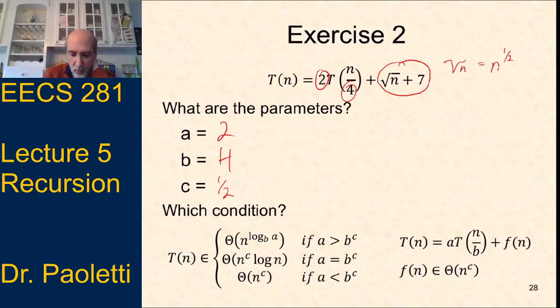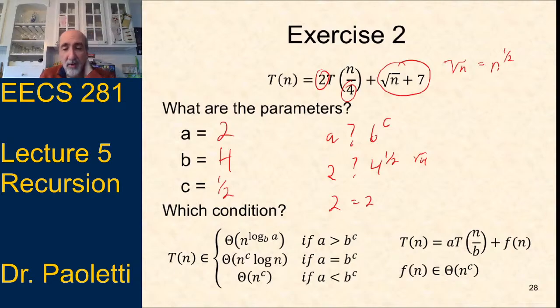Then, what is A related to B to the C? So we want to know, how is A related to B to the C power? Well, that's how is 2 related to 4 to the 1/2, or the square root of 4. So 2 is equal to 2. So that must be the second case.